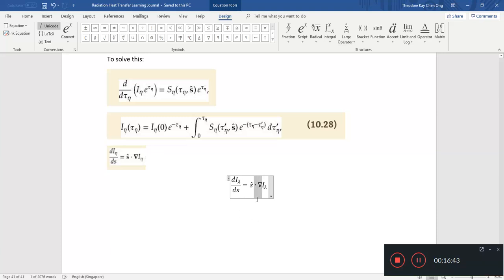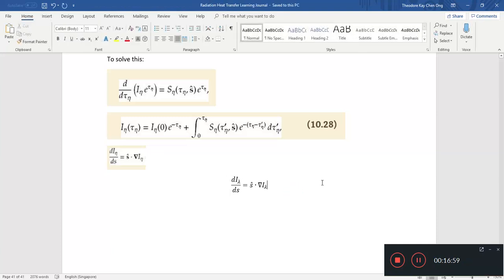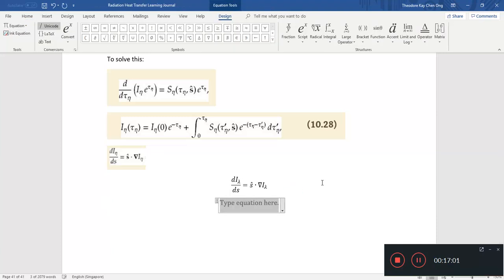So remember, if you use Cartesian coordinates, it is partial with respect to x, partial with respect to y, partial with respect to z, and this will be two vectors, as x, as y, as z. So that describes the vectors. All right, the position vector I lambda.